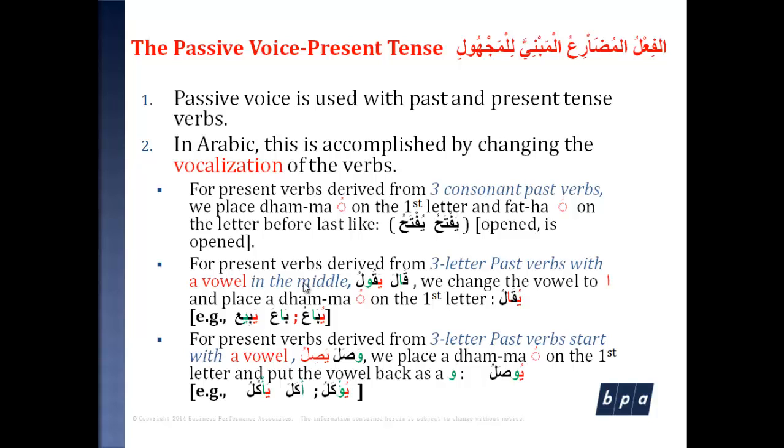So the ya here has a fatha, we make it a dhamma, and we take the waw back to an alif. Yaqulu becomes yuqalu. Again, we change the first letter to a dhamma, and the waw goes back to an alif in the passive voice case. Yuqalu.